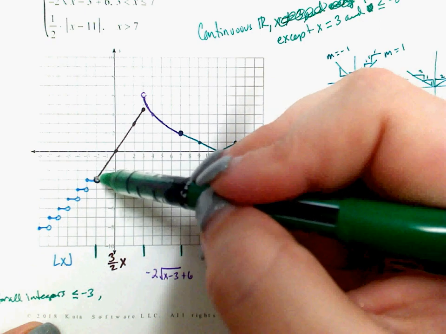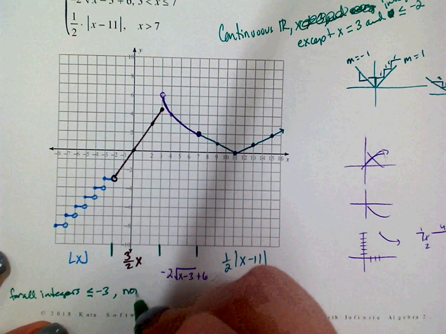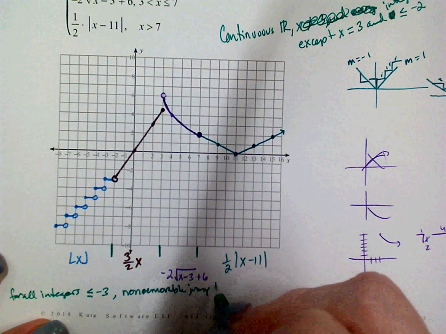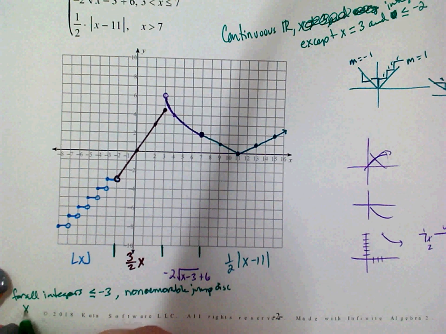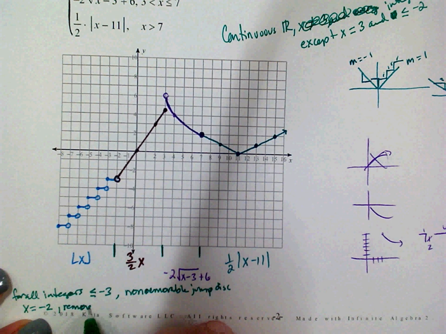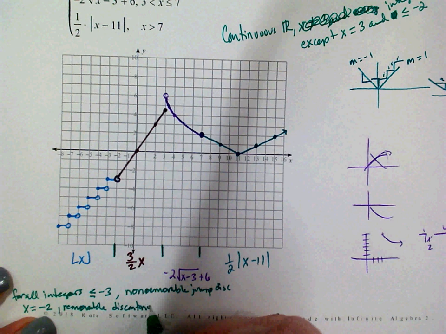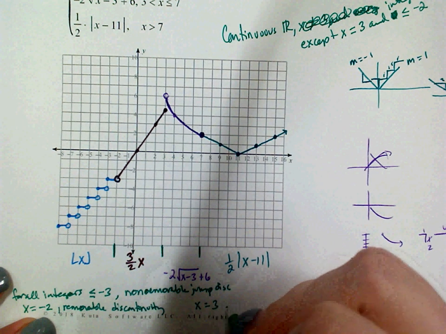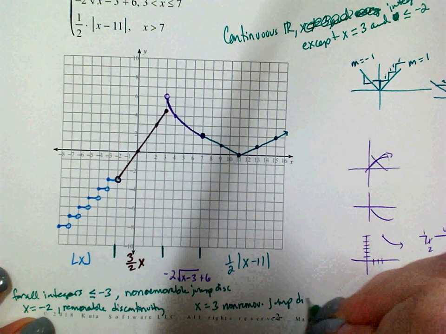There is a non-removable jump discontinuity. And then for x equals -2, I have a removable discontinuity, because there's just a hole in the graph. And then I have another jump at x equals 3. Non-removable jump discontinuity. And then we're continuous everywhere else.